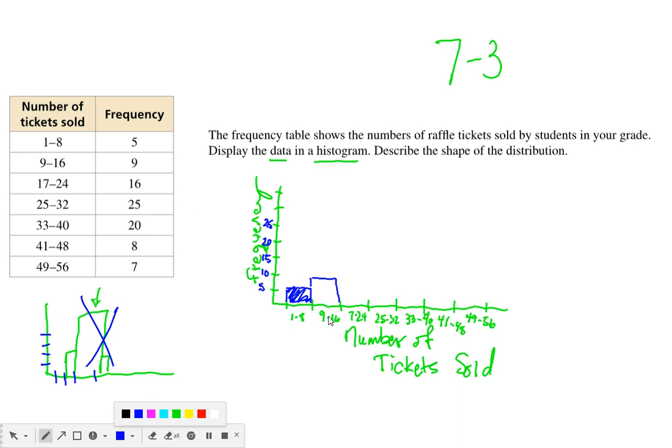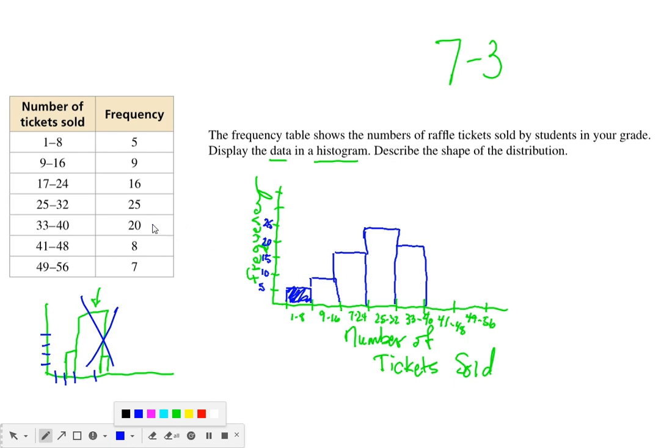And so this one right here, 9 to 16, is 9. The next one is going to jump to 16, which is about right there. And the next one is going to jump to 25 in the middle here. And then the next one is going to be at 20, right about there.